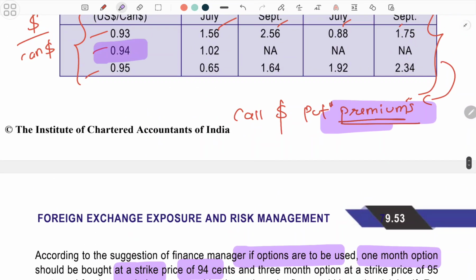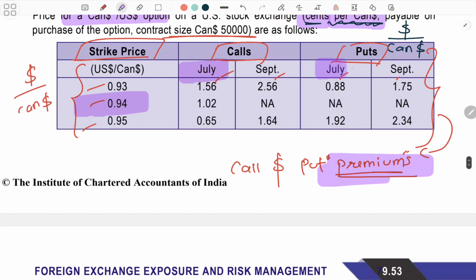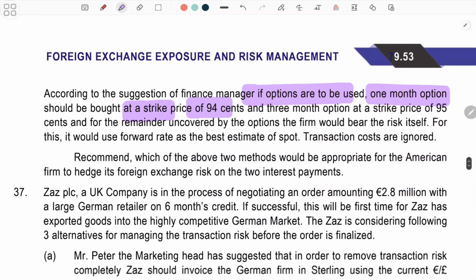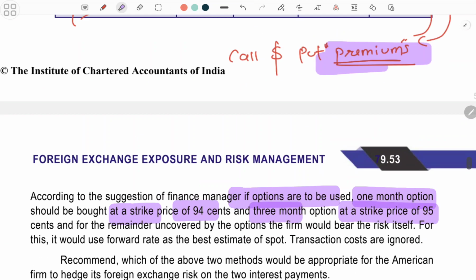Which call or put, we have to analyze. Use the strike price of 0.94 for the 1 month exposure, which is 10,000 Canadian dollars, and the 3 month option at a strike price of 95.